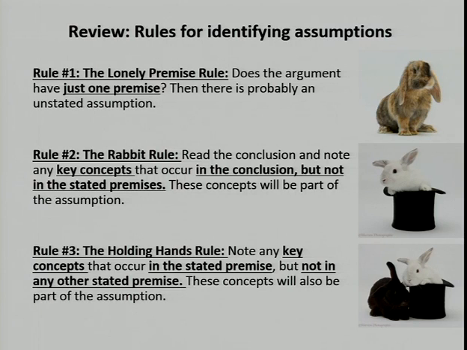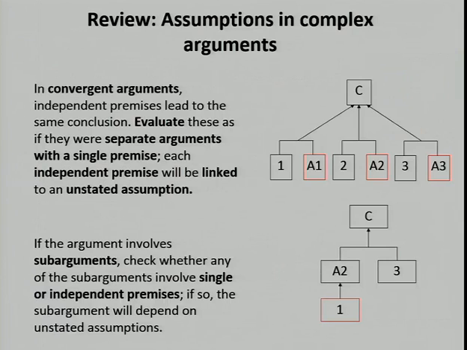So other premises will have to link up to those important relevant phrases, concepts, terms, whatever. So if you use those 3 rules, that will help you, for our purposes, reconstruct any implicit premises that you need to. And the rules for doing that for more complex arguments are going to be exactly the same.